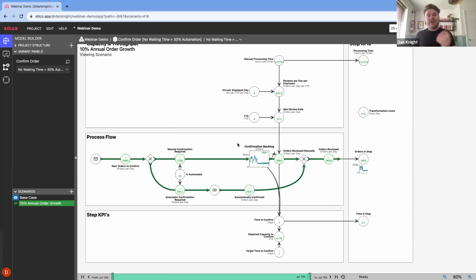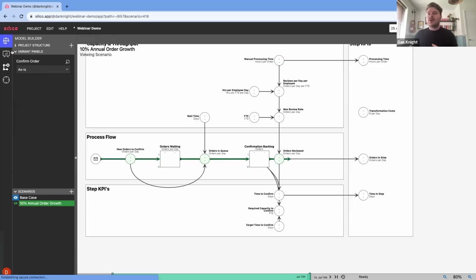So we know that if we just automated 30% of the orders coming in, we are now back on track and can process all the orders that are coming in without having to hire any more people. We won't lose any heads either with the automation. It will just be 30% automation, which will benefit the process.